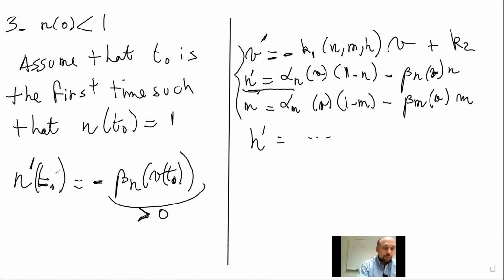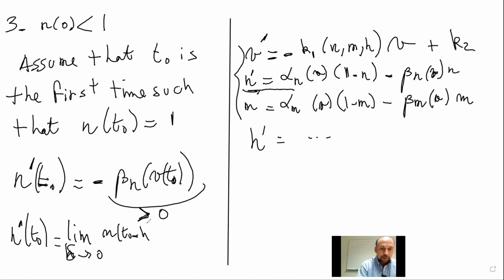So if you write that n prime t0 equals the limit when delta goes to 0 of n of t0 minus h minus n t0 divided by minus h.